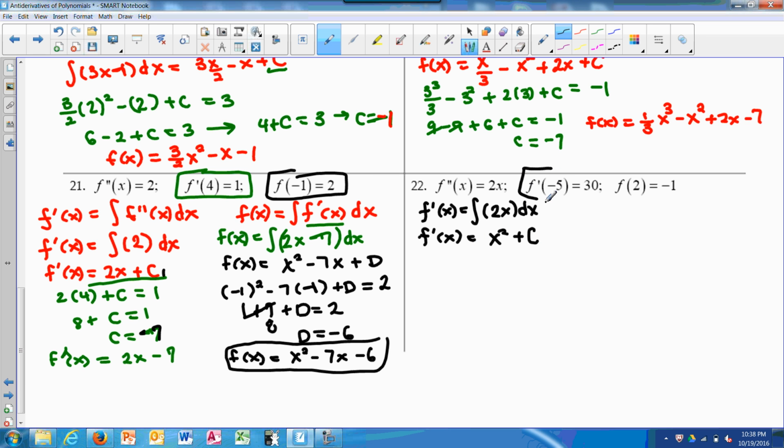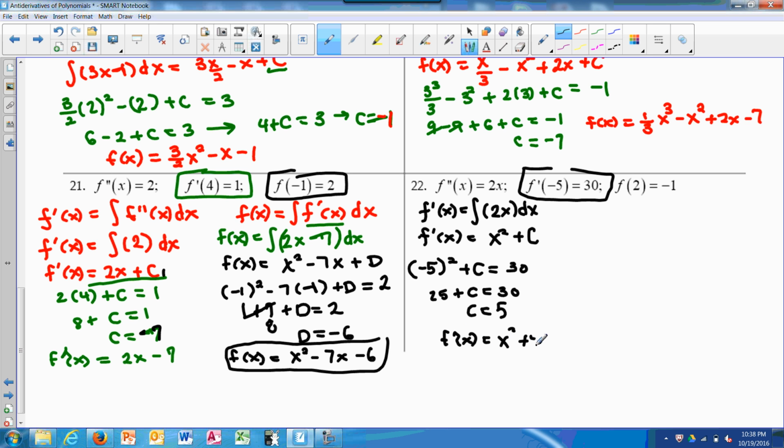Using the initial given information for f prime, if I substitute -5 into the square plus c, I should get 30. So 25 plus c equals 30. So c equals 5, and I know that f prime of x is x squared plus 5.